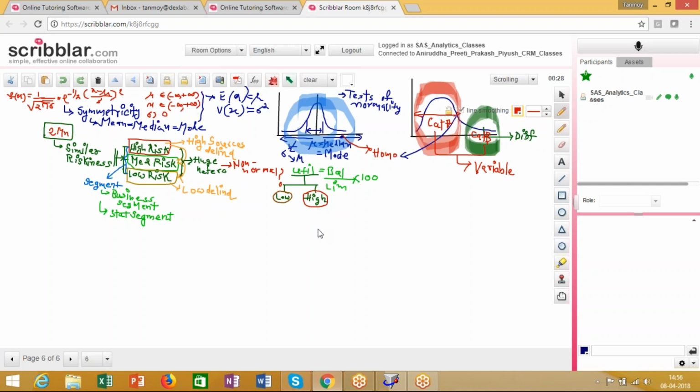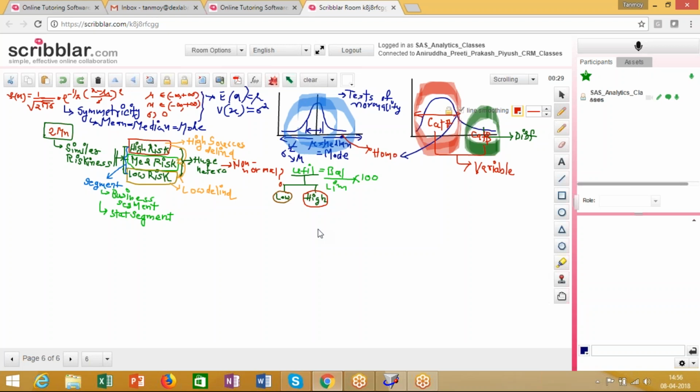Now this is a part where I can try and test whether a distribution is symmetric. Once I've created the segment, I can test whether the behavior of the borrowers across a segment is symmetric in nature or not. In the low risk segment, is the utilization more or less similar?